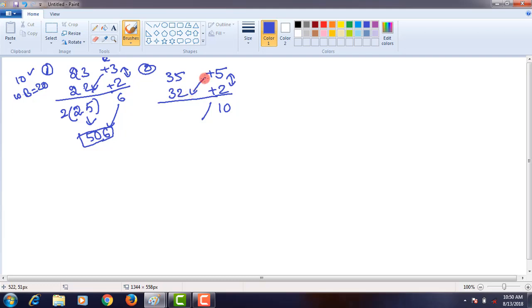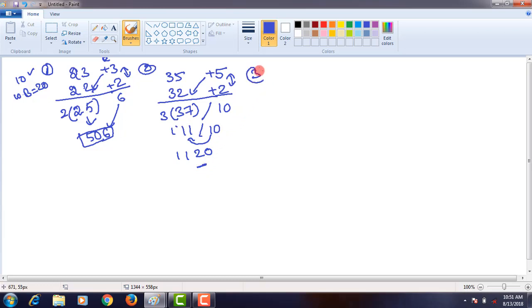This is 32 plus 5, 37. This is not the actual left part of the answer. To get the actual left part, this has to be multiplied by 3. On multiplying 37 by 3, you will get 111. Then the tens place digit should be carried over to the next place, so that you will get 1120 as the answer for this question.